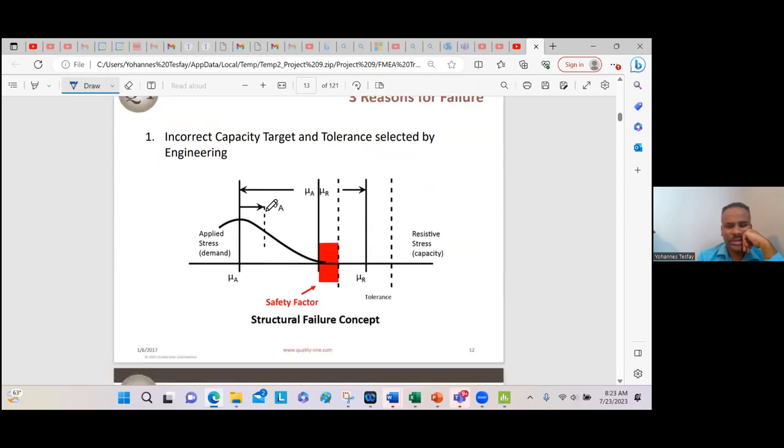So here, that's incorrect capacity for target. This is your tolerance. Applied stress demand is going to be right here. Resistive stress capacity is going to be right here. So the safety factor is in between these two.